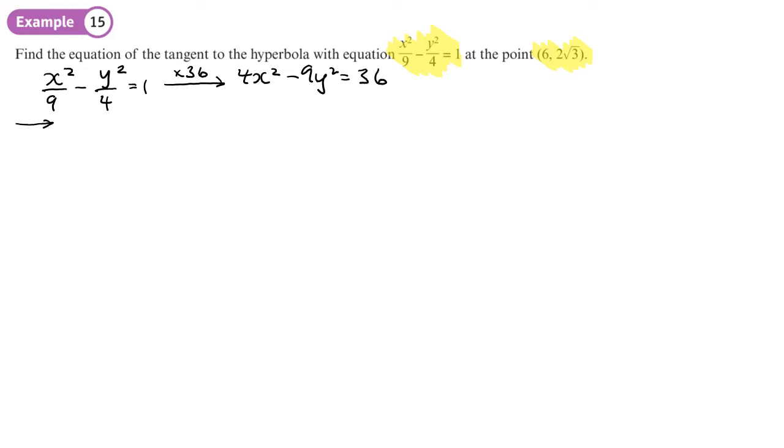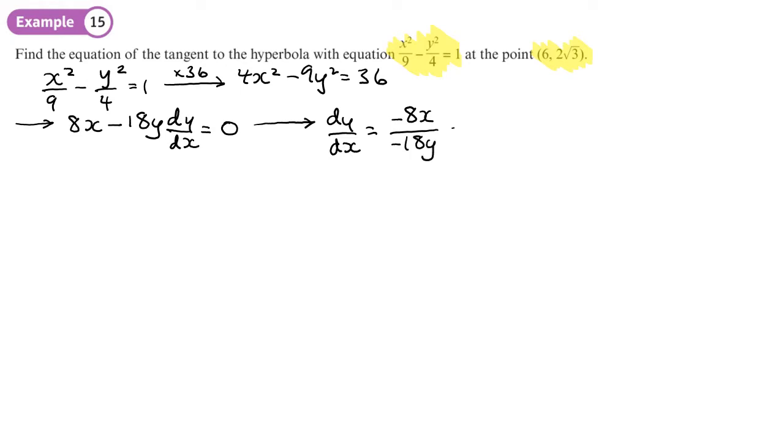Using implicit differentiation, I'll have 8x minus 18y dy/dx equals 0 when we differentiate the 36. So if I move the 8x over, I'll have negative 8x, and then divide that by negative 18y, I finish with dy/dx equals 4x over 9y. So notice this is one of those where you need the x and the y coordinate to get the gradient.